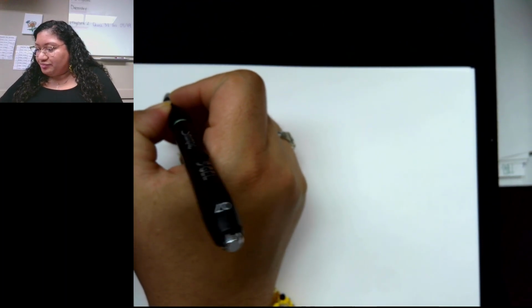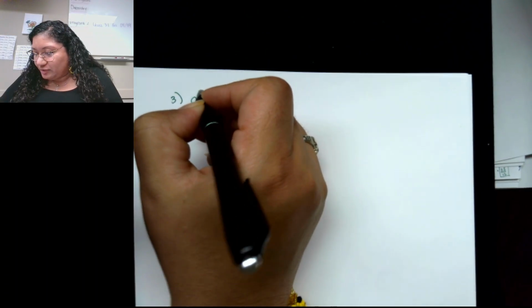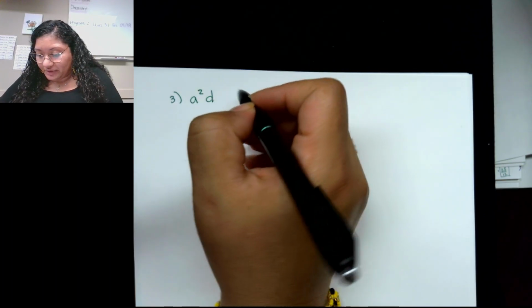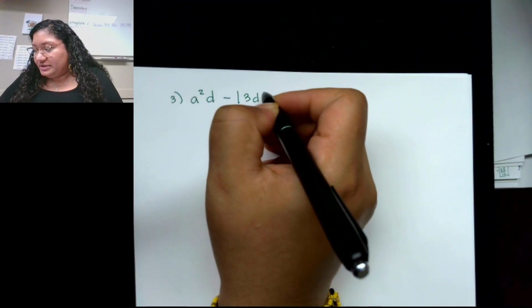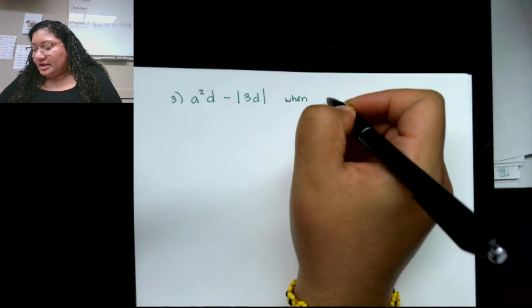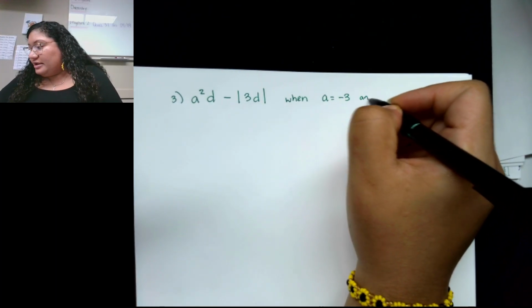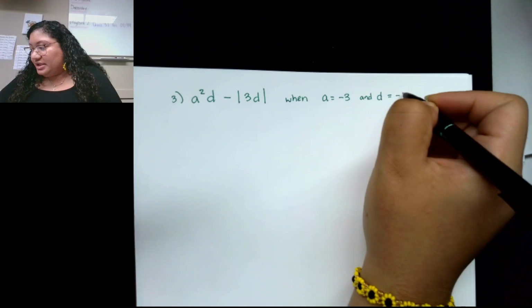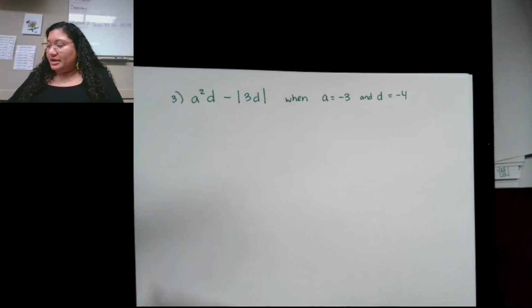Okay, last problem for today. We've got a squared d minus the absolute value of 3d. Close the absolute value. When a equals -3 and d equals -4. As we've been doing, we're gonna plug it in.